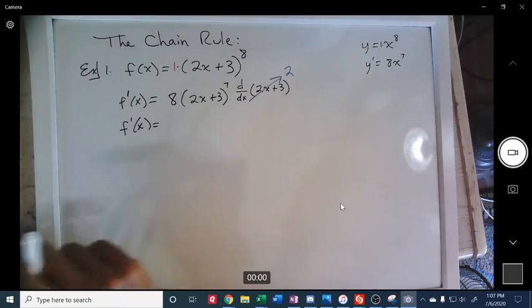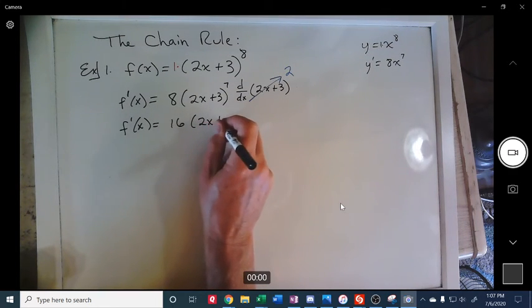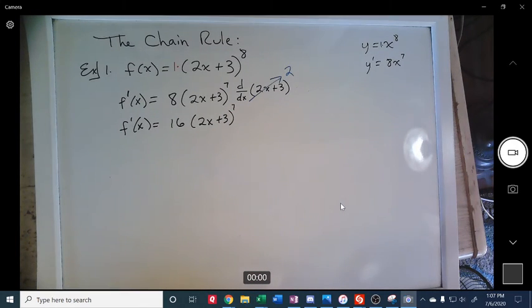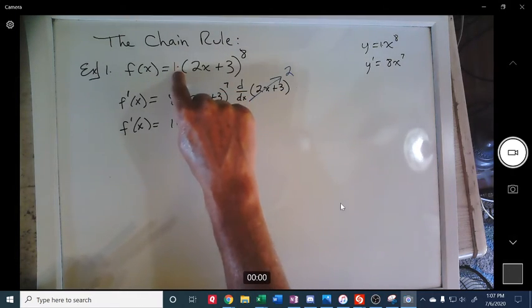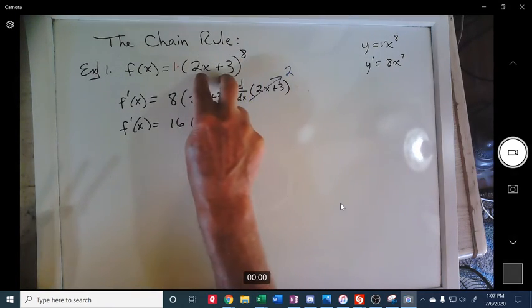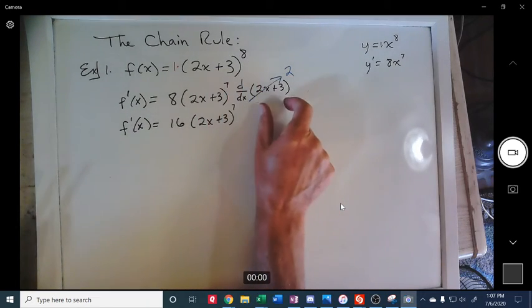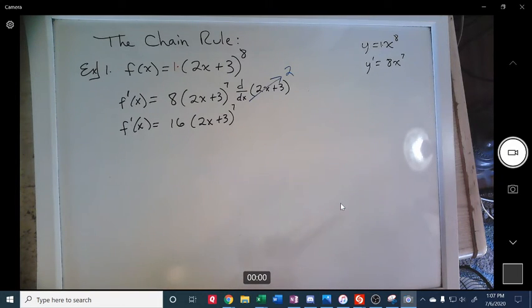So 8 times 2 is 16, 2x plus 3 to the 7th. So the way we're going to execute the chain rule is we're going to take these things and multiply them. What was in parentheses, the inner function, was just treated like an x. But then we have to take its derivative at the end, like this.